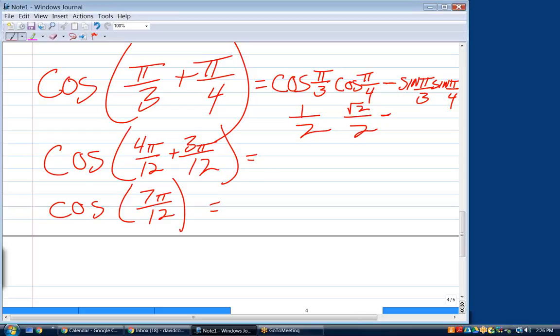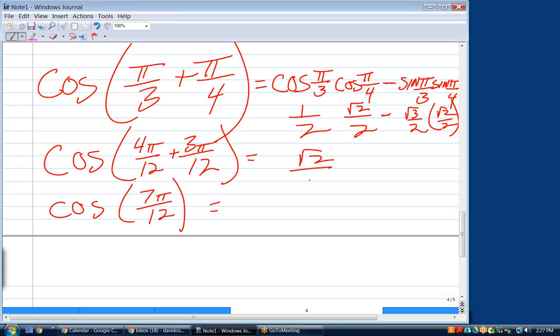What's the sine of 60? 1 over 2. No, that's the sine of 30. Never mind. It's root 3 over 2. And the sine of 45, same as the cosine of 45, root 2 over 2. So there's your answer. I mean, we have to do some algebra.